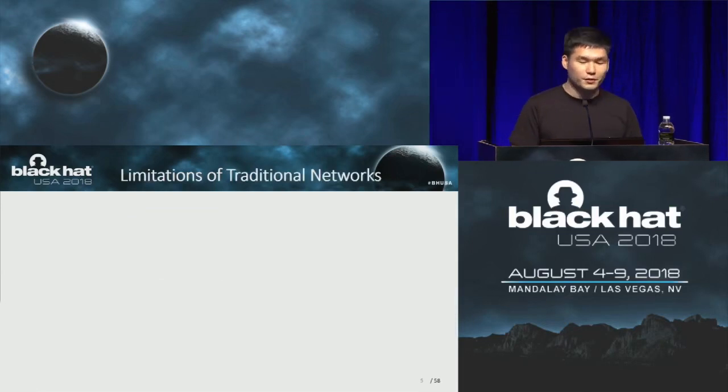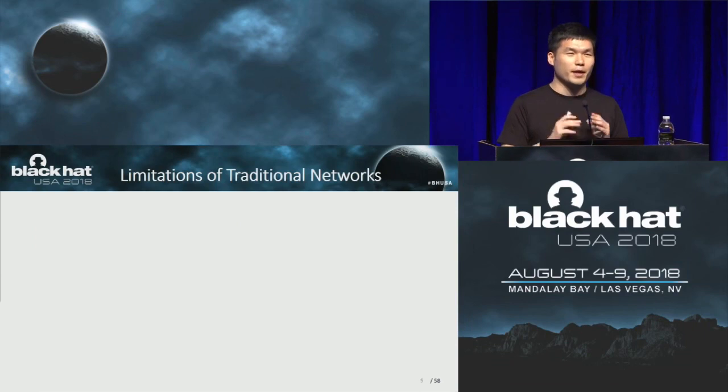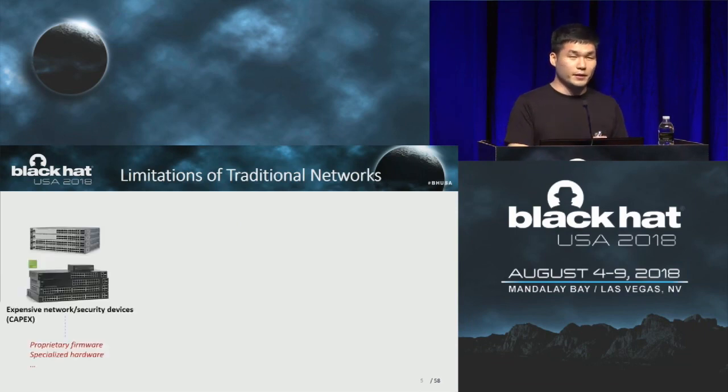In traditional networks, there are two problems when many companies are scaling up their networks. The first one is that network and security devices are too expensive because they consist of vendor-specific software on top of specialized hardware. And they are mostly closed platforms, so it is very difficult to add new functionality or protocols to the devices.